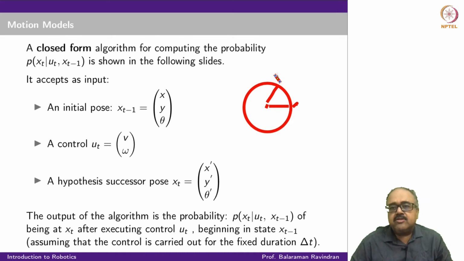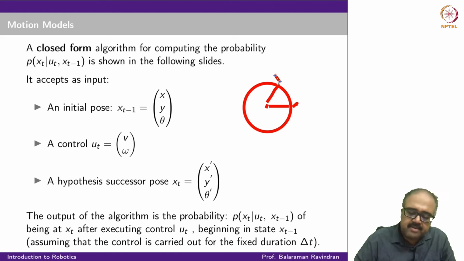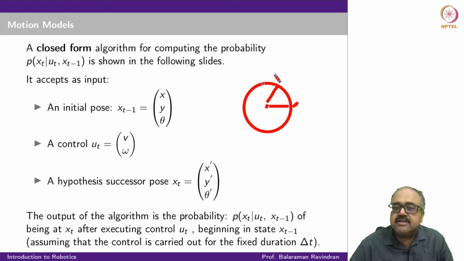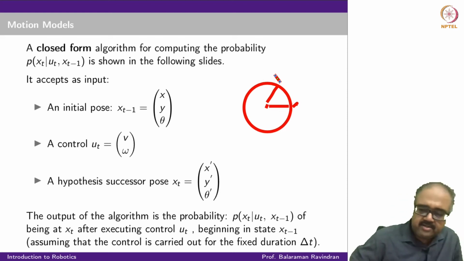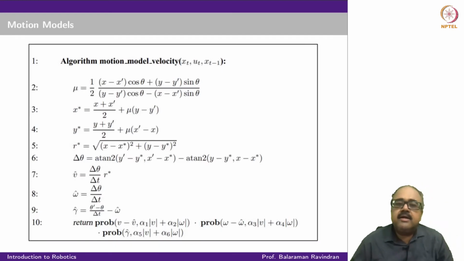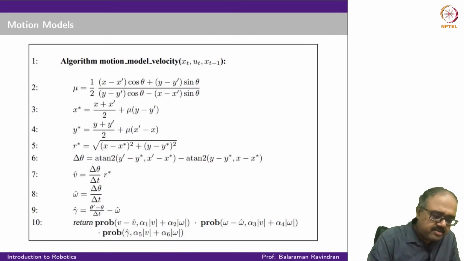So the robot could start here and it will end there, starting with some orientation theta, and the orientation there is theta prime. Because I'm moving with this constant velocity, I'll be describing some arc of a circle with some center. So this is essentially what we will be looking at, and this is what this algorithm also captures.